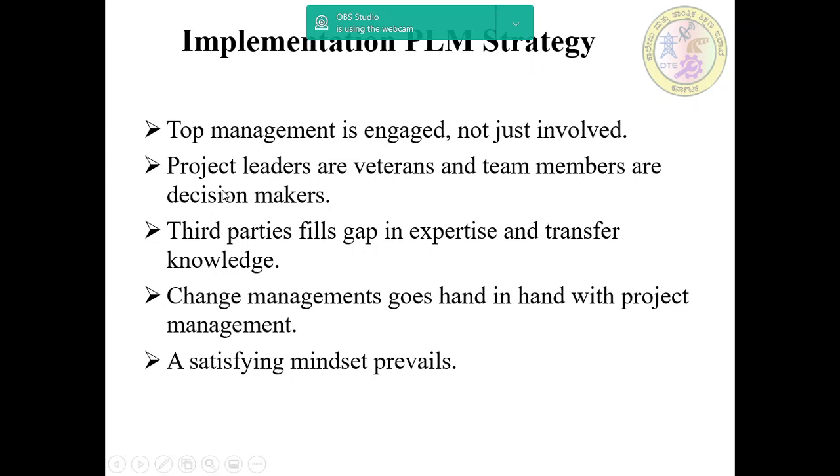And then we'll take the second one. Project leaders are veterans and team members are decision makers. Here, before starting any project, the project committee meeting will be held between the project leaders of different departments and junior members of the department.